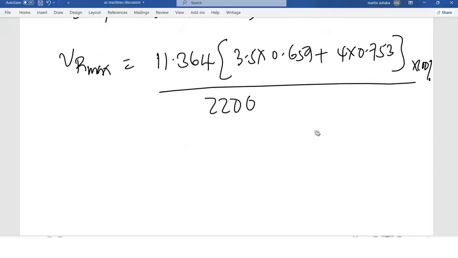So what is this going to give us? The maximum percentage voltage regulation is equal to 2.75%.